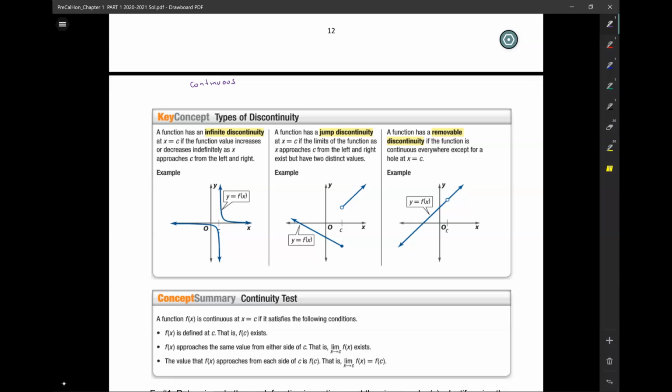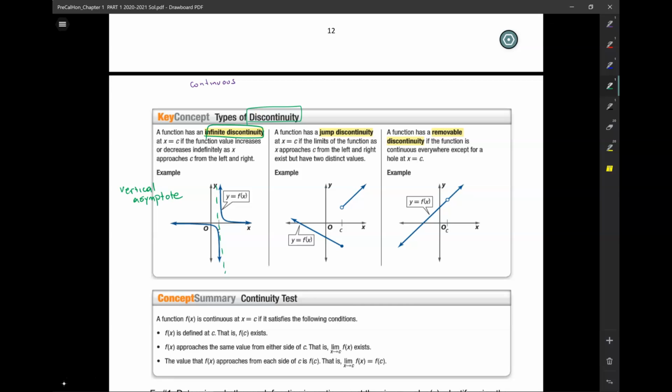Okay, there are 3 different types of discontinuities. The first one is like what you see here, there is a vertical asymptote. When there is a vertical asymptote, we say it's an infinite discontinuity.